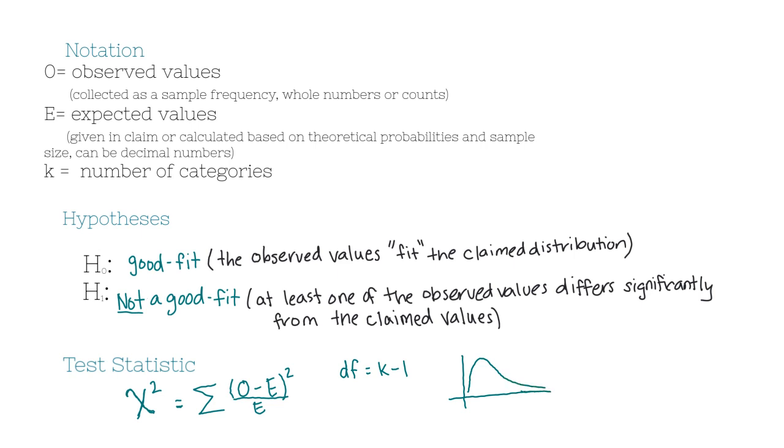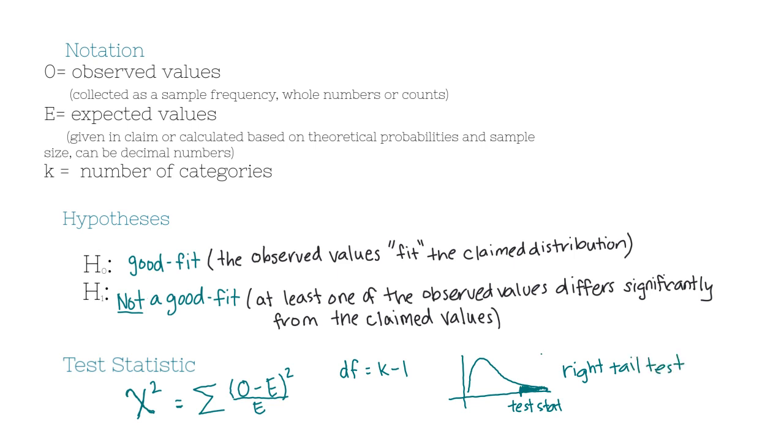So once we find that test statistic, we plot it on our chi-square graph. So maybe that's right here. And then we find the p-value, which is the area to the right of the test statistic. So this is always going to be a right tail test.